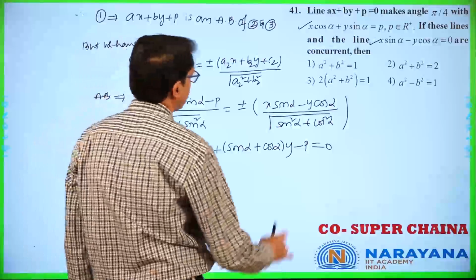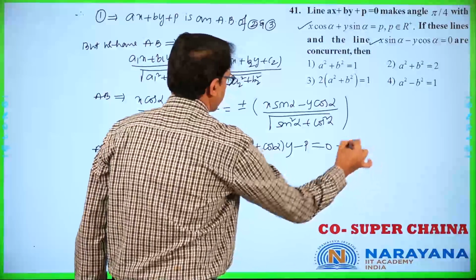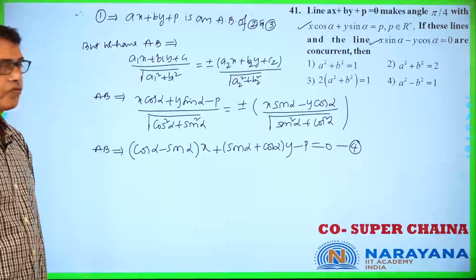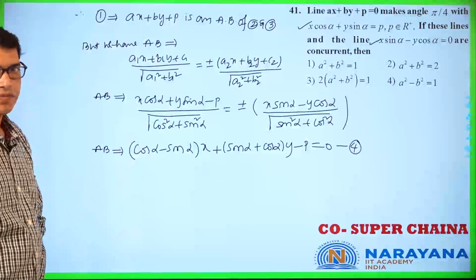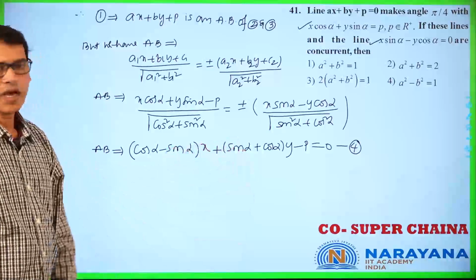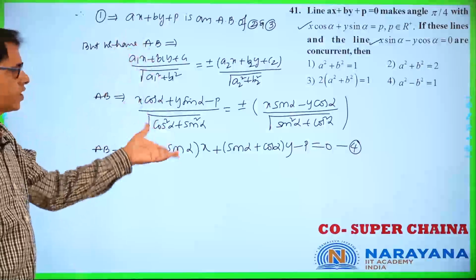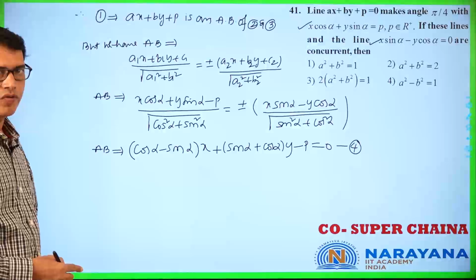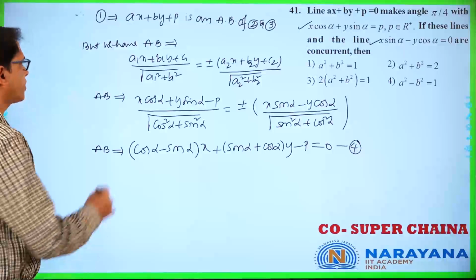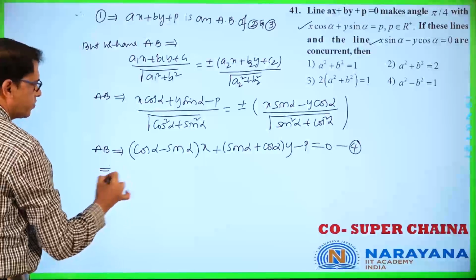Now this is the angular bisector, say equation 4. Now equation 1 is what? Angular bisector. Equation 4 is what? Angular bisector. They represent the same line. Therefore a1 by a2 equals b1 by b2 equals c1 by c2.